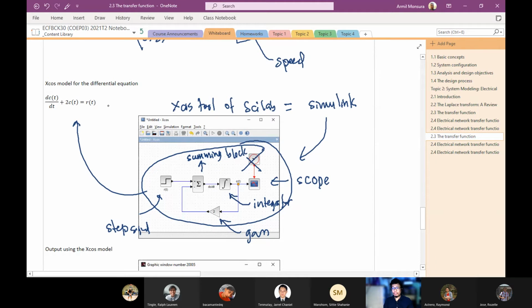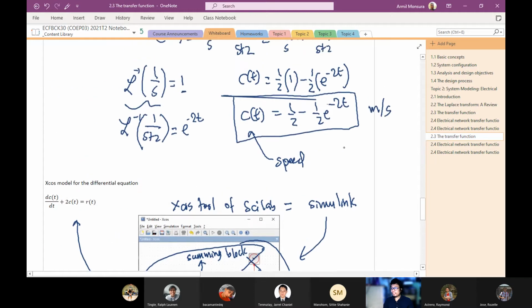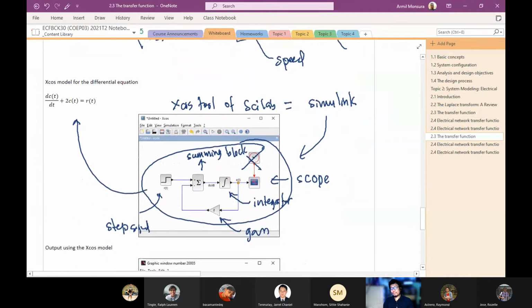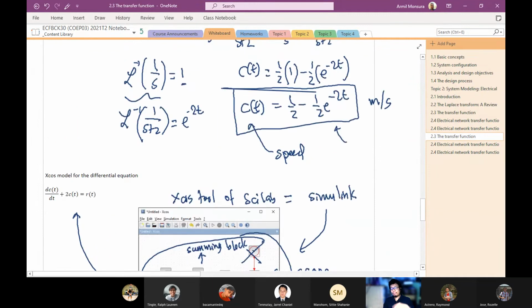Ngayon, ang gusto ko kasi gawin ganito. Ikukumpara ko yung output nito, using this model, and yung output niya based dito sa solution natin. Kumbaga, gusto kong patunayan na whether you use the model or you use this, you'll have the same graph, which turns out to be true.